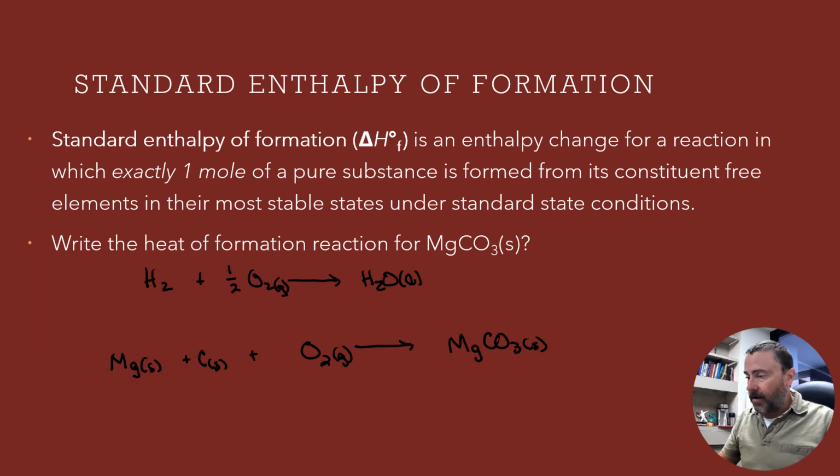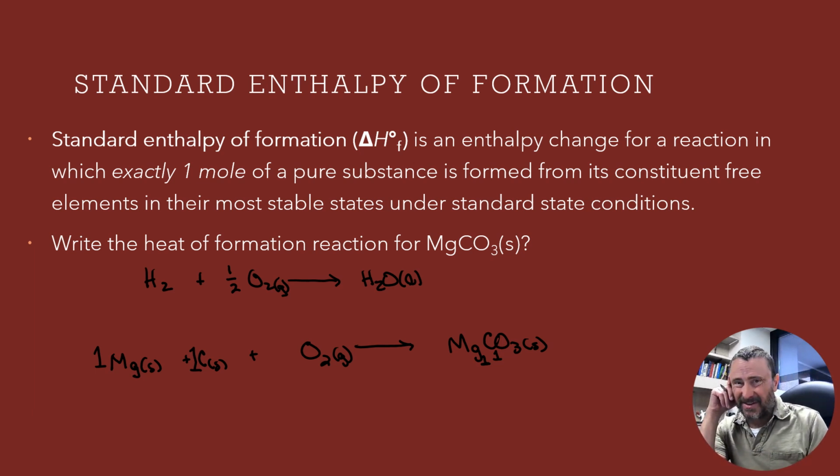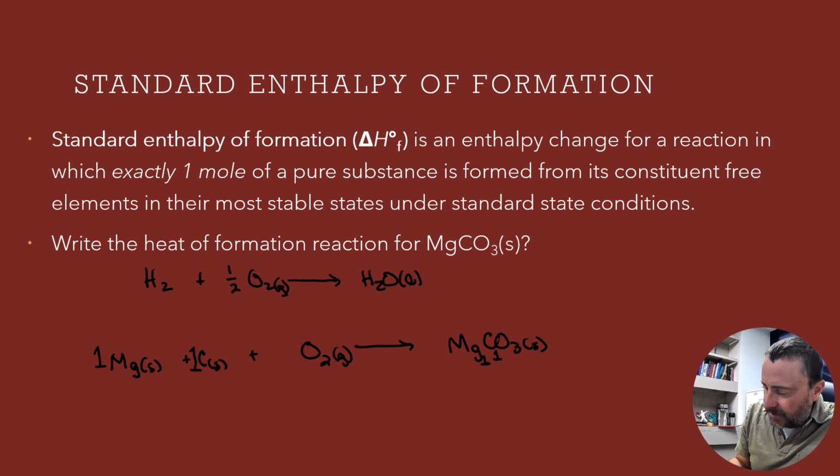Now let's pay attention to the fact that we have 1 magnesium and 1 magnesium, 1 carbon and 1 carbon. But I've got 3 oxygens there, and that O2 over there. So here's a case, again, where we can use a fraction in order to get that.